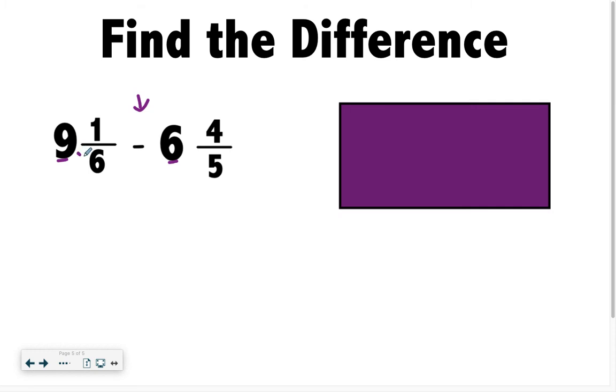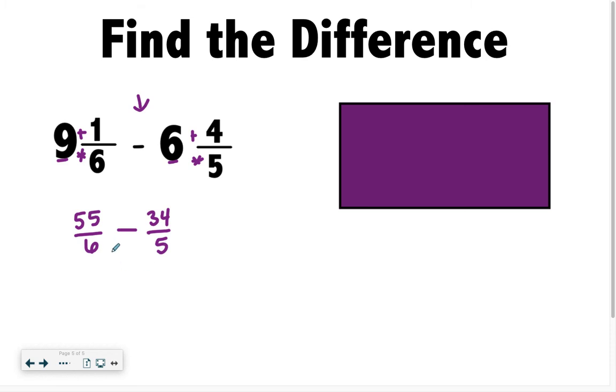So I'm going to multiply 6 times 9 is 54, and then add 1. So 6 times 9, 54, plus 1 is 55 sixths, minus 5 times 6 is 30, plus 4 is 34 fifths.